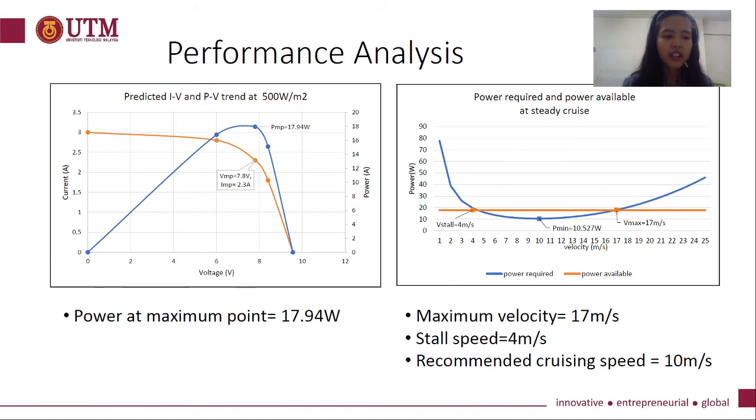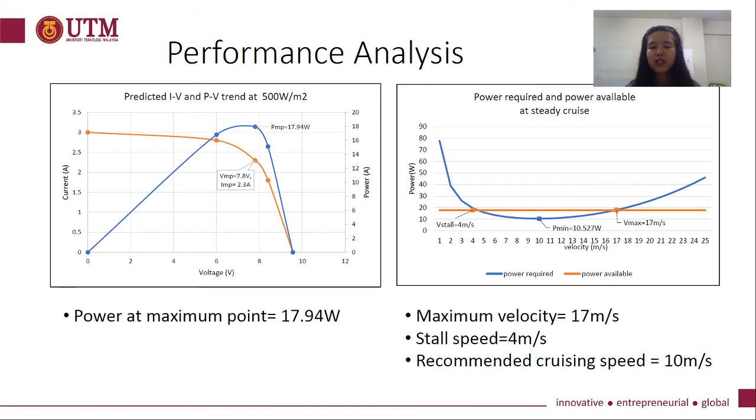Referring to the previous analysis, here is the IV and PV trend predicted at 5,000 watt per meter squared. As you can see, with the improved design, the power at the maximum point is now 17.94 watt, which is also the power generated from the system.